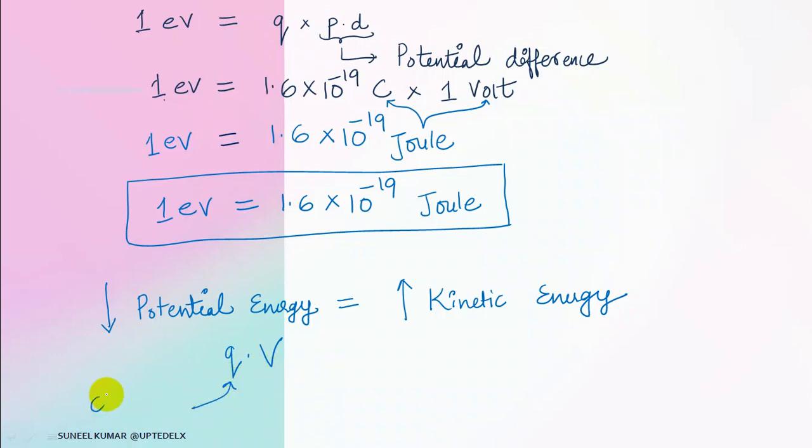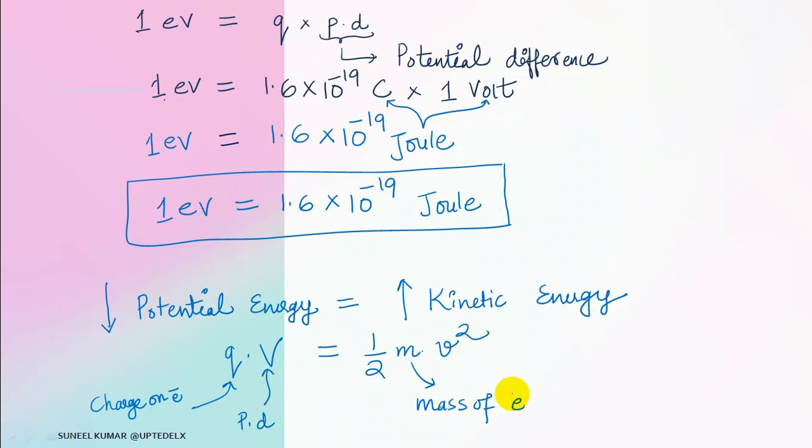We remember Q is the charge on the electron, and V is the potential difference. That is equal to half M V square, the kinetic energy. What is M? M is the mass of the electron.